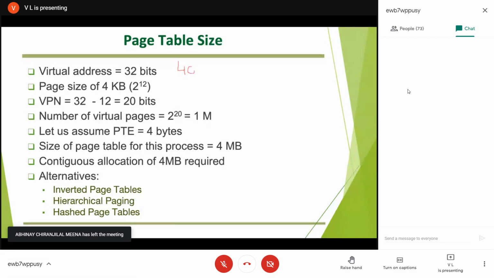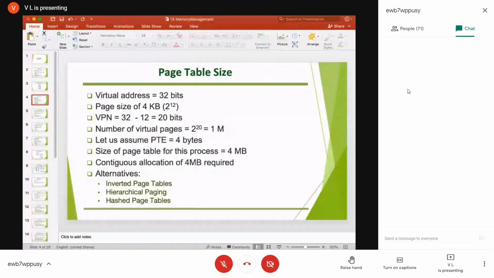Quickly calculate what will be the size of page table required for a process in this particular case. Please quickly calculate it.